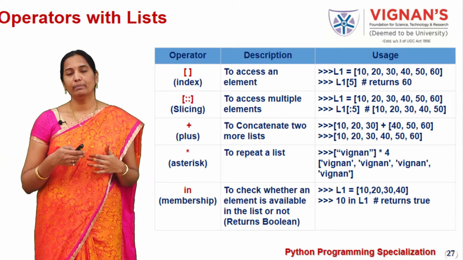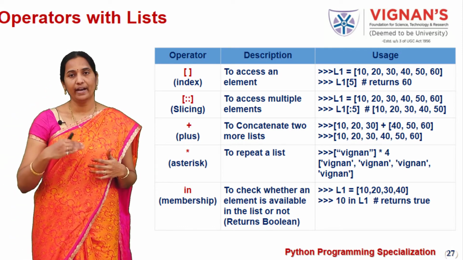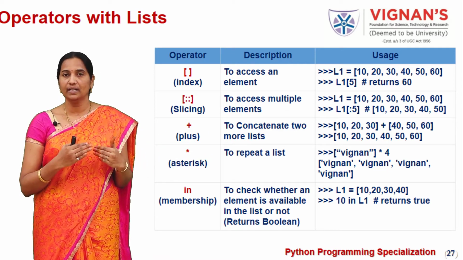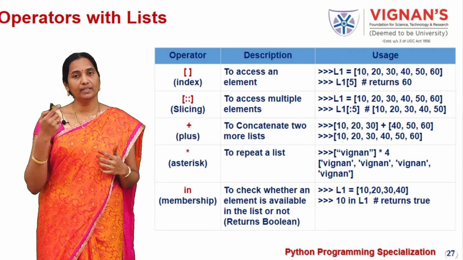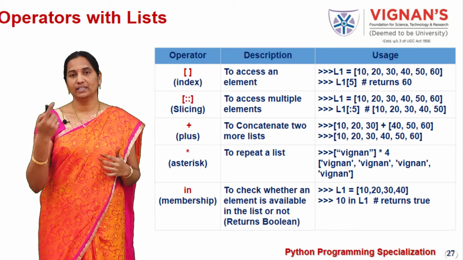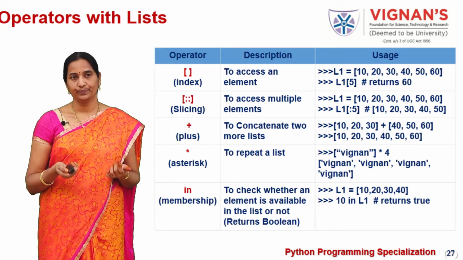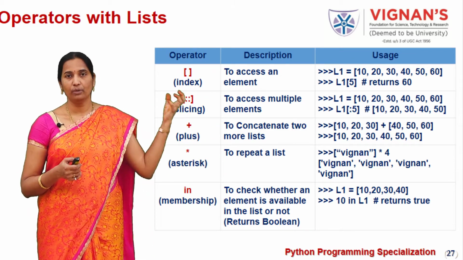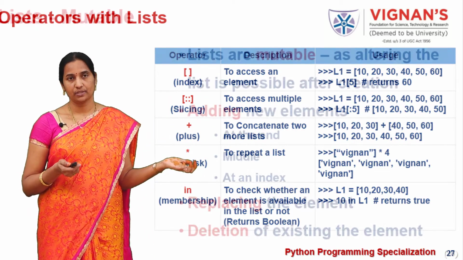So this membership operator returns either a true or a false value depending on whether the element exists in the list or not. If the element exists, it returns true, otherwise it returns false. That is how we can use all these operators on the list to perform various operations.